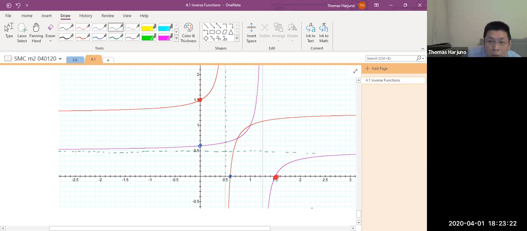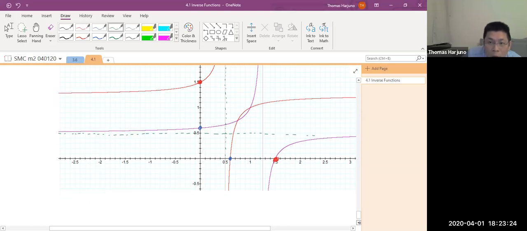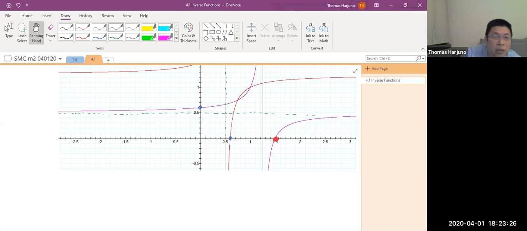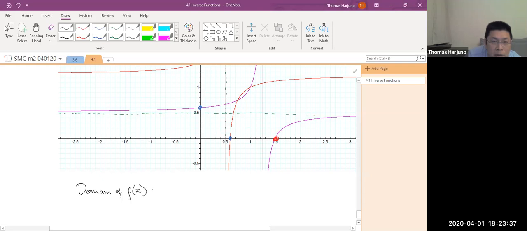Okay. Now, let me emphasize one more thing. What does it mean when we say that the range of f(x) is all real numbers except 1/2? I'm sorry, I said it wrong. The range, not domain.